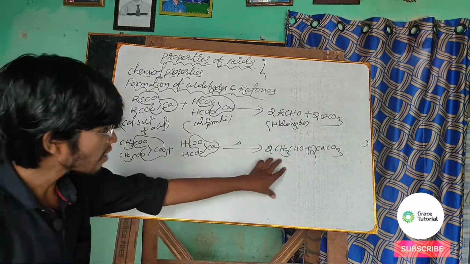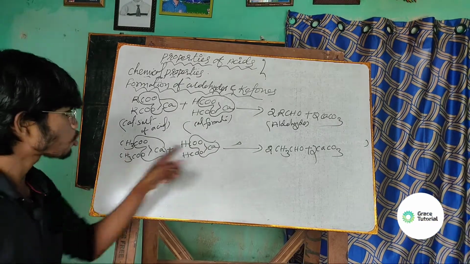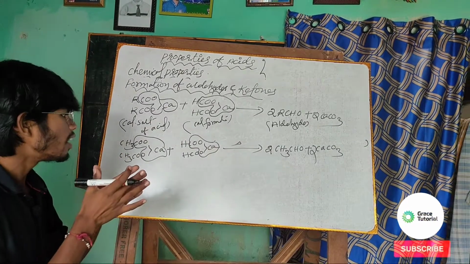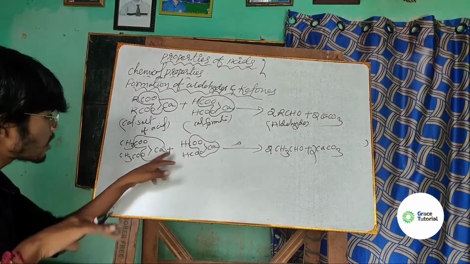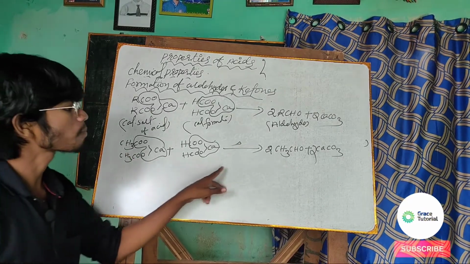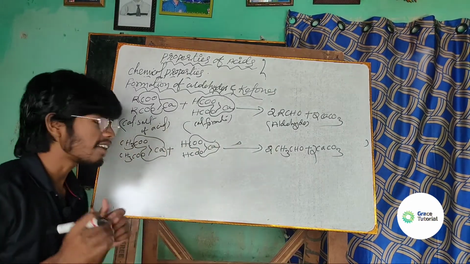So acetaldehyde is obtained; the remaining is 2 CH3CHO. If you eliminate this calcium carbonate from both the compounds, then you will get CH3CHO, acetaldehyde.